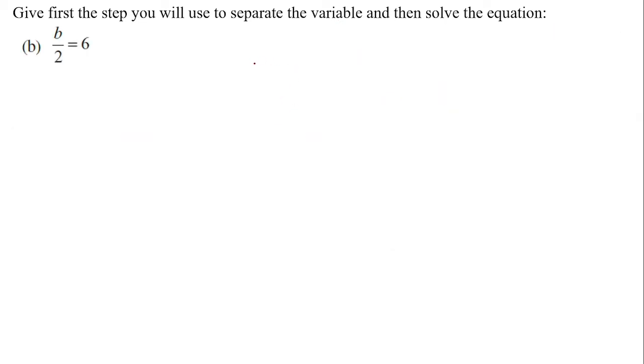Now here B divided by 2 is equal to 6. Now divide is there, right? B is over here, unknown quantity is on the left hand side. Divide by 2 is there. If it is divide, then you have to change it to multiplication. So what is the first step that you're going to do in order to solve this equation?